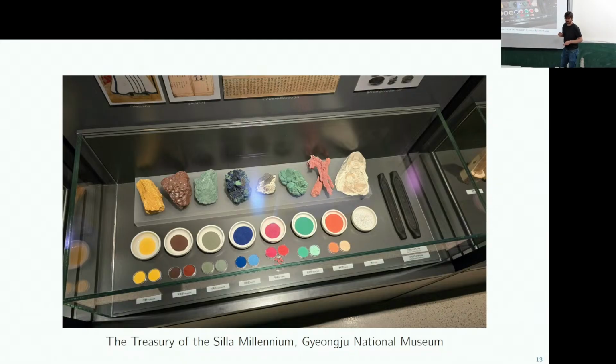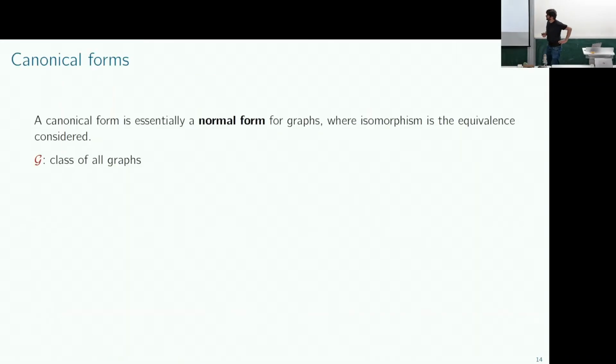So this is how canonization works to classify molecules or graphs, and this is what we use in discrete math as well. So a canonical form is kind of a normal form for graphs, and the equivalence is isomorphism. So it's a normal form up to isomorphism. So let G be the class of all graphs.